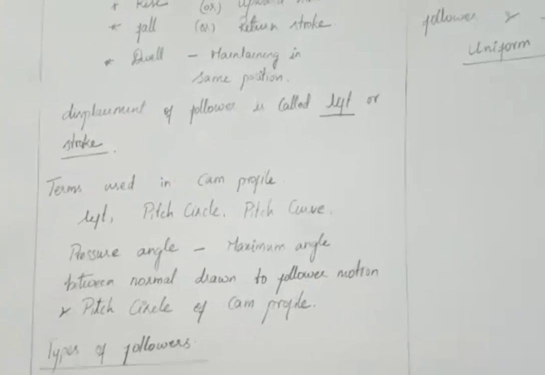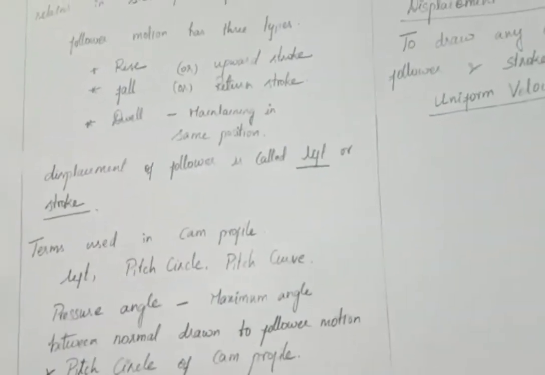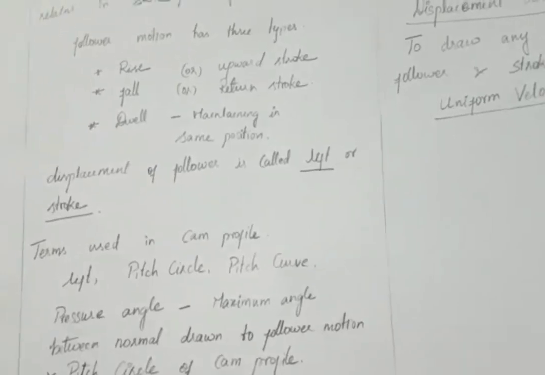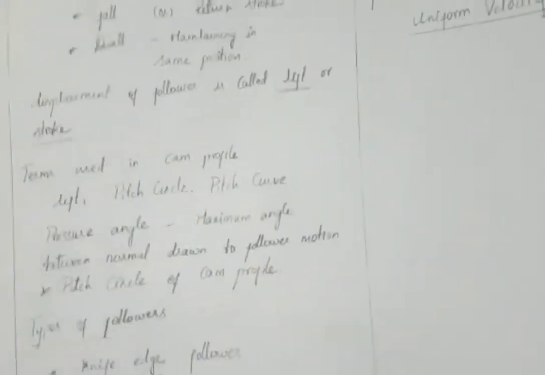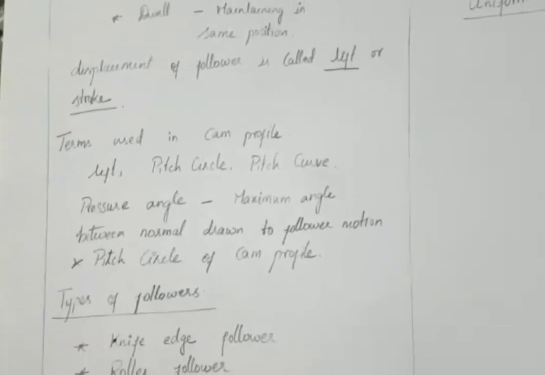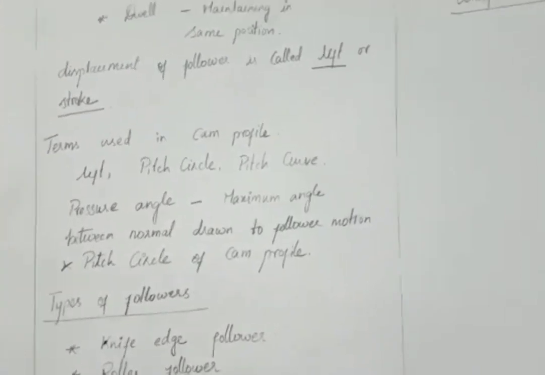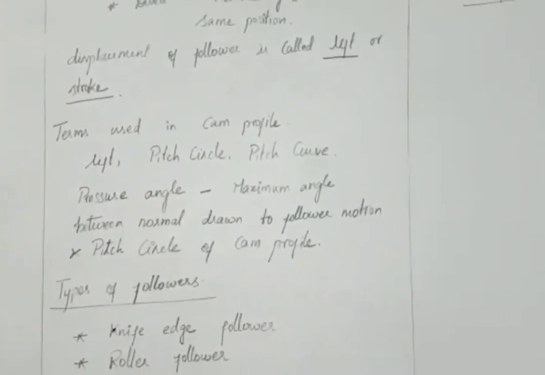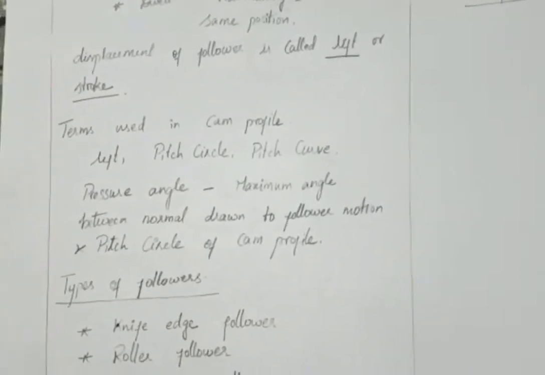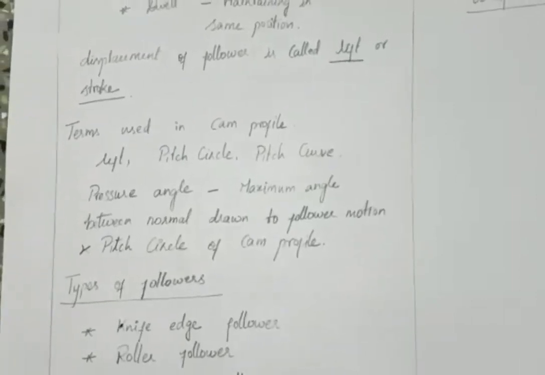The displacement or movement of the follower in the vertical direction is called lift or stroke. So here there are basic terms used in cam profiles: lift, pitch circle, pitch curve, pressure angle, and so on. There are so many basic terms used in the cam profile.